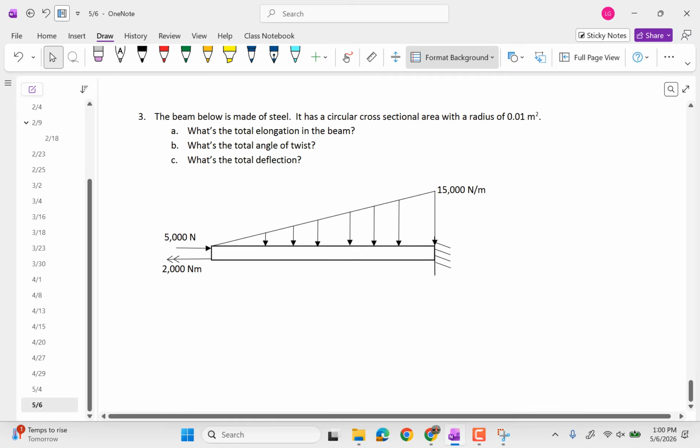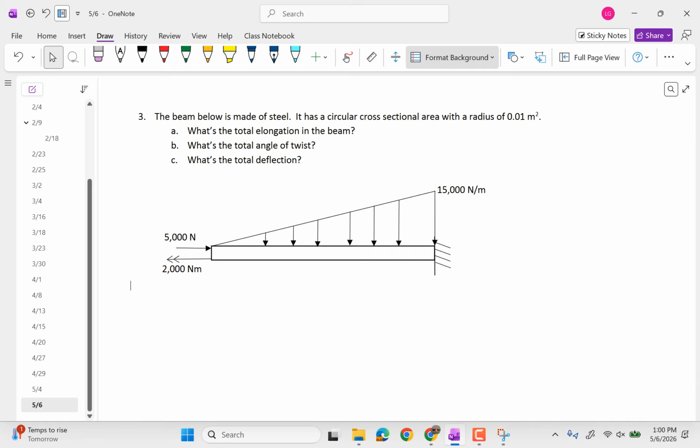Okay, so we got this cantilever beam with a distributed load, circular cross section. Oh, this has angle of twist.